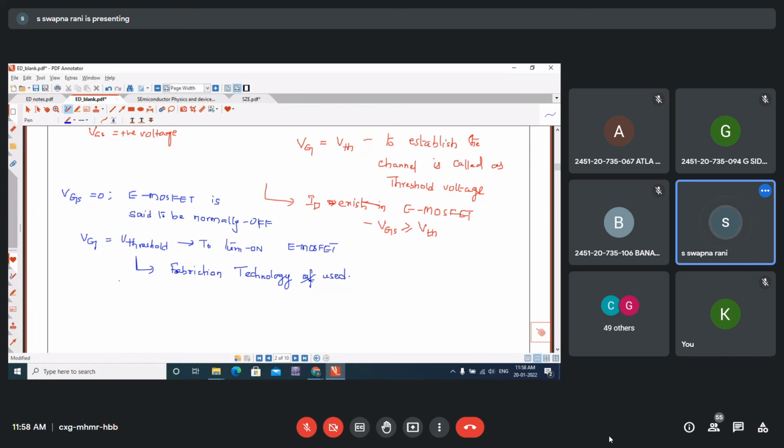As soon as VGS exceeds VTH, that is, when VGS is greater than or equal to VTH, the channel is established, and as soon as you give some drain-source voltage, the ID current starts flowing through the channel.